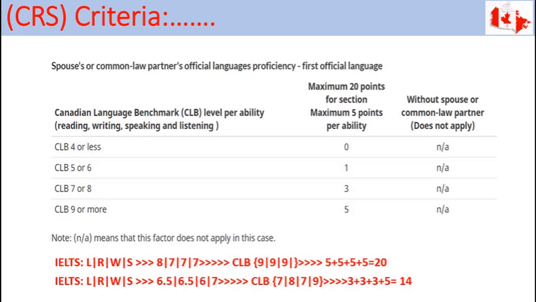So you'll get 5 in each, 5, 5, 5, that is 20 points maximum here. If I take an example of 6.5, 6.5, 6 and 7, you get CLB 7, 8, 7, 9. So 3 plus 3 plus 3 plus 5. So 14. So in this case, we'll take an example of 14 points here.